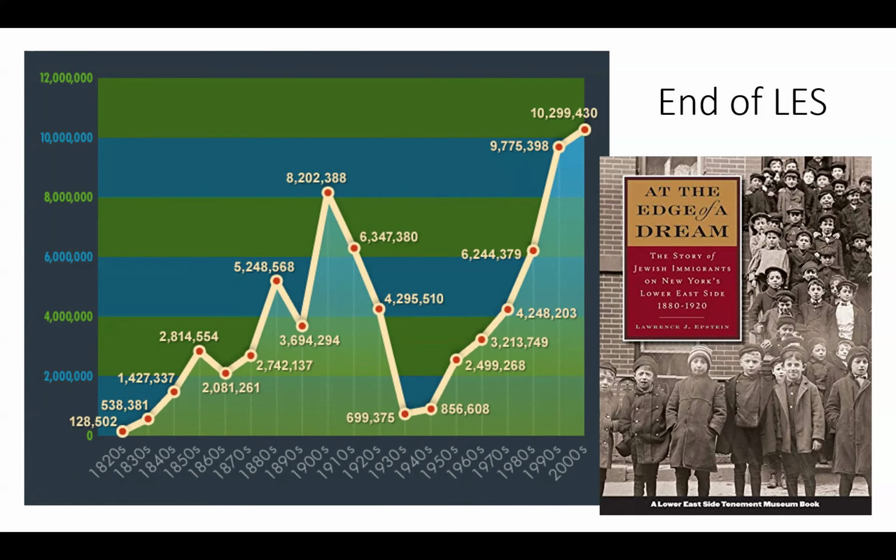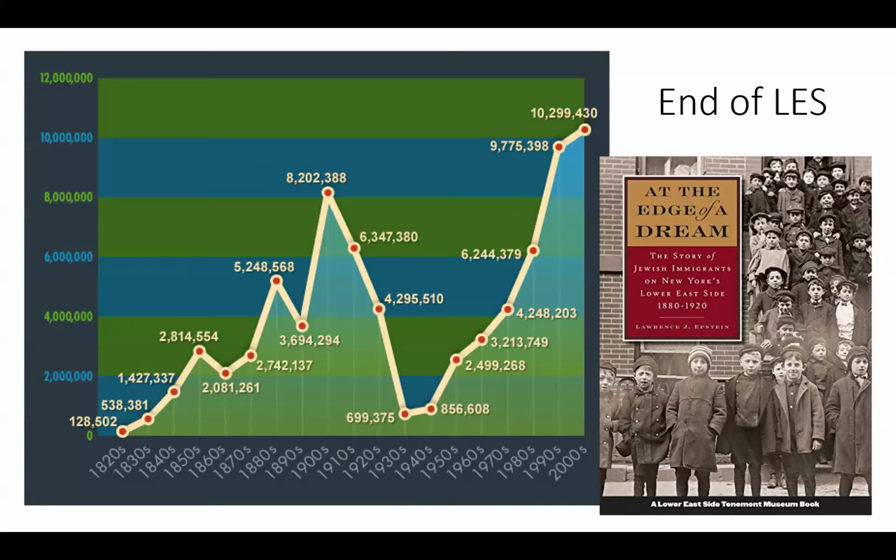But many of these Jews settled in the famous Lower East Side of Manhattan, but many of them also found homes in Brooklyn and Queens. A wonderful book, At the Edge of a Dream, the story of Jewish immigrants on New York's Lower East Side. That is the most famous neighborhood.